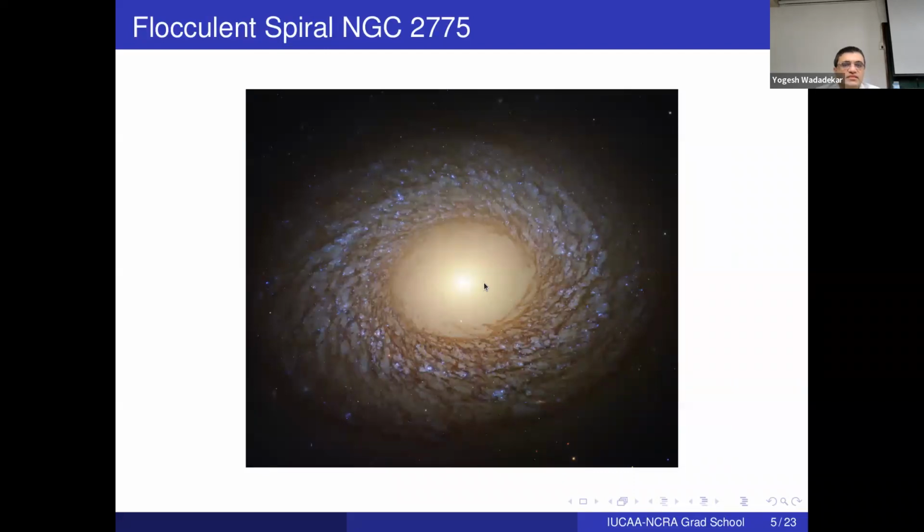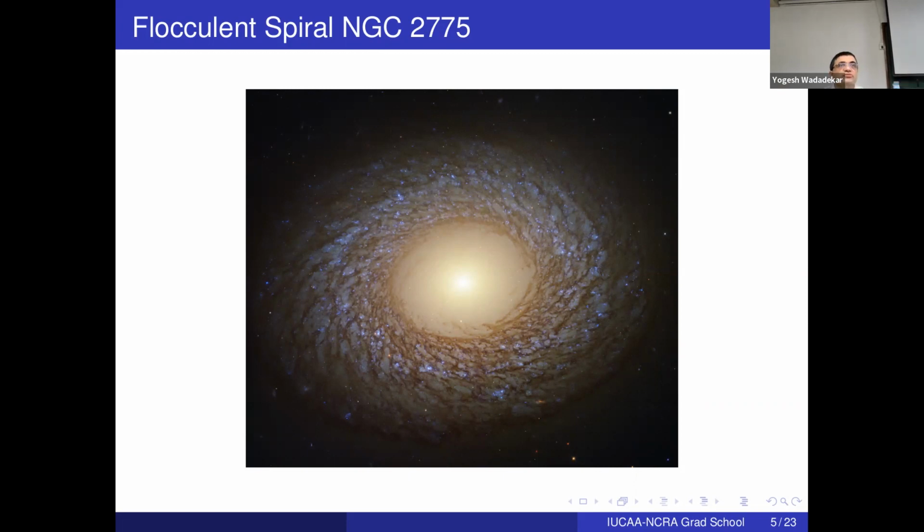And this is an example of a flocculent spiral, which I had shown you earlier also. If you look at this image, look at the PDF and zoom in a little bit, you see that there is some hint of a pattern. But it does not persist on long scales.